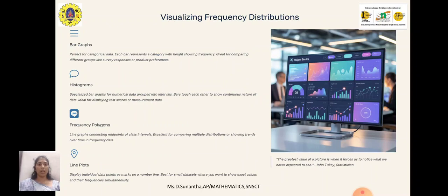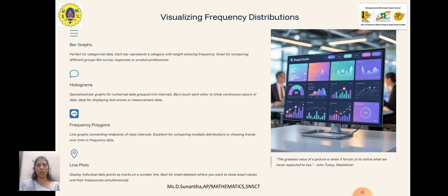The next one is visualizing frequency distributions. The first one is the bar graph, perfect for categorical data. Each bar represents a category with height showing frequency, great for comparing different groups like survey responses and product preferences. Next is the histogram, a specialized bar graph for numerical data grouped into intervals.